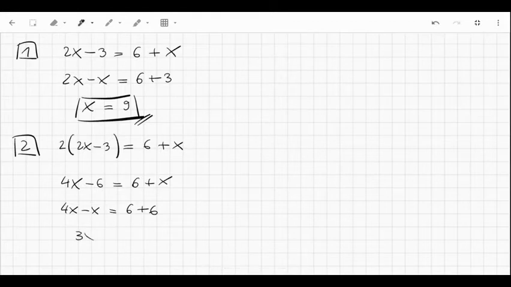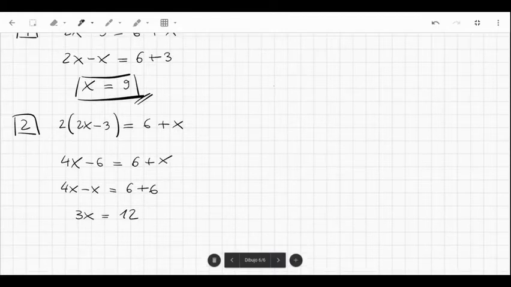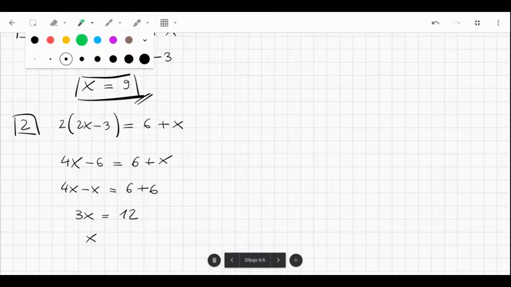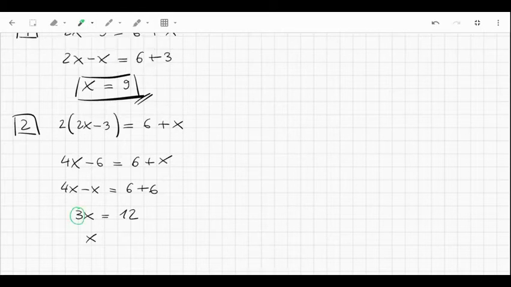This becomes 3x equals 12, which means x now, careful, we've got 3 here. This 3 multiplies the x. So if I move it to the other side, we'll divide the value, okay? Here it multiplies, on the other side it divides.